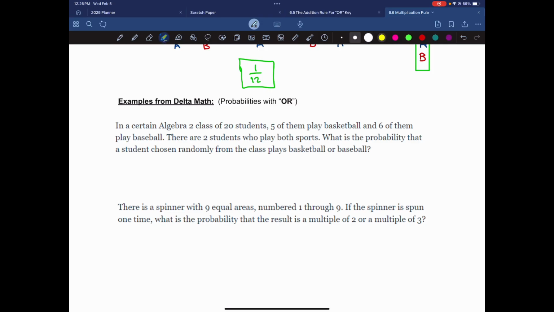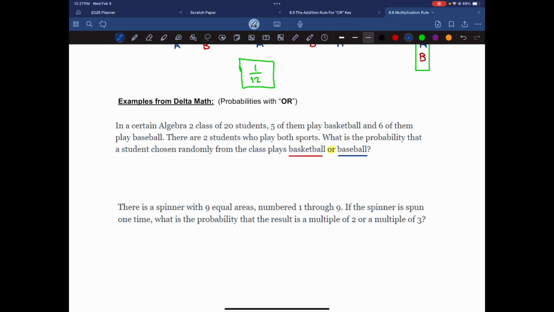We're doing an or problem, right? Okay, so this is going to be like 6.5, okay? We are going to want to find the probability of those who play basketball, then add that to the probability of those who play baseball, and if they share any in common, then we will subtract those, okay?